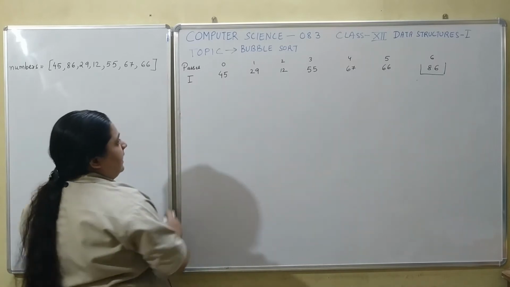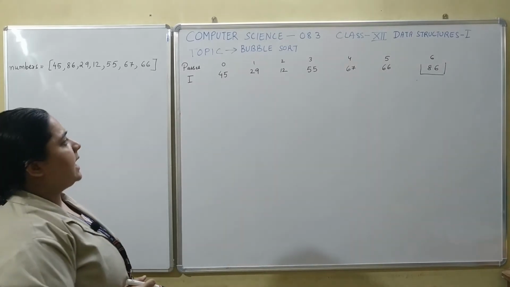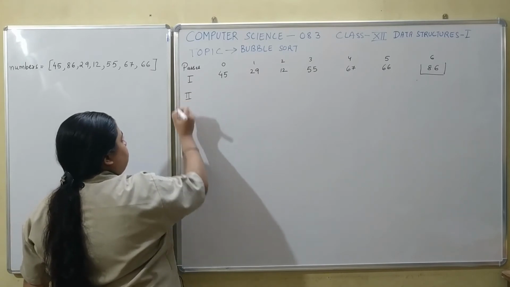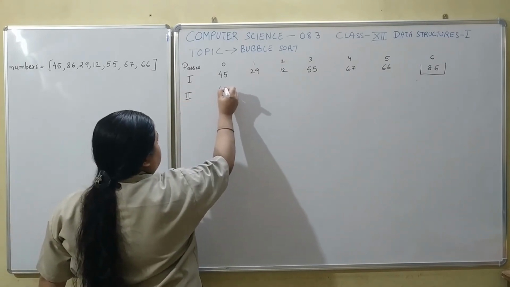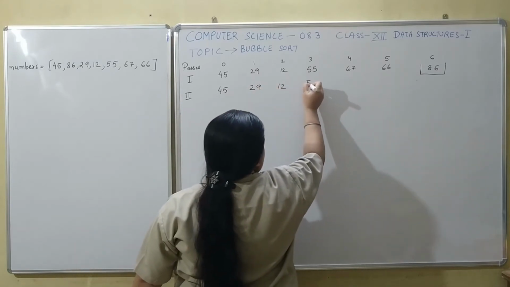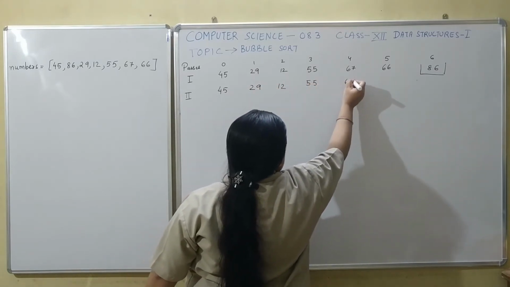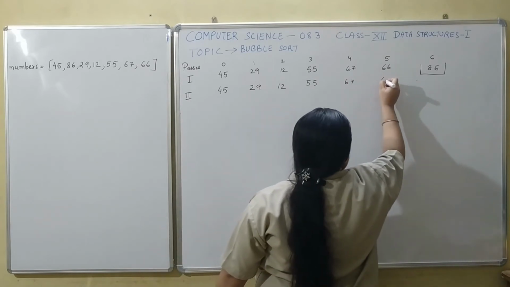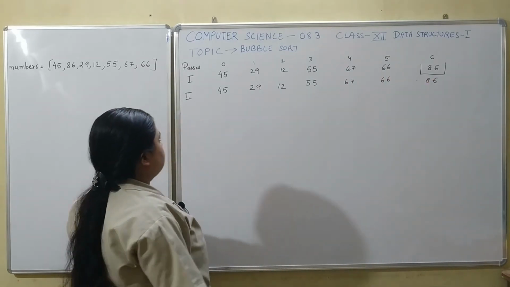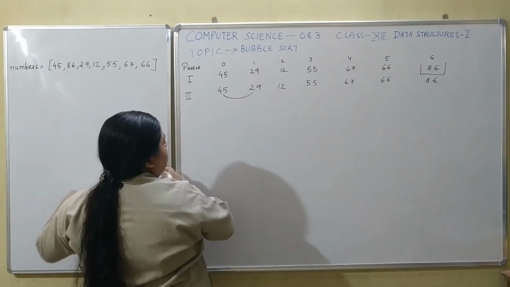This is the list status at the end of the first pass. Let's come to the second pass. I will write down the items again. Is 45 greater than 29?